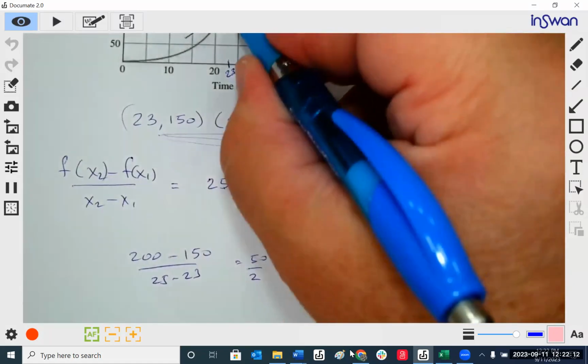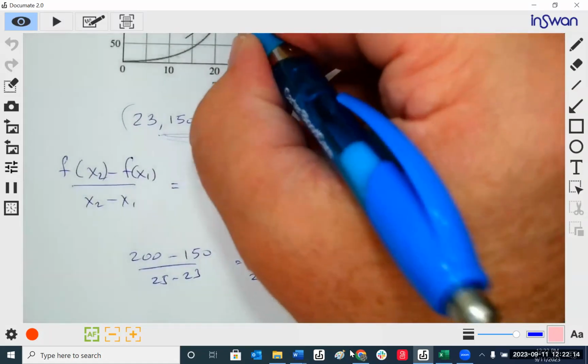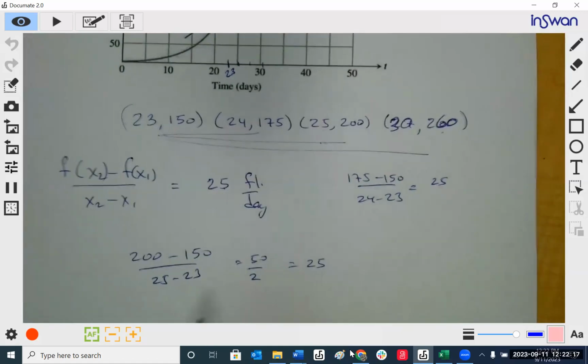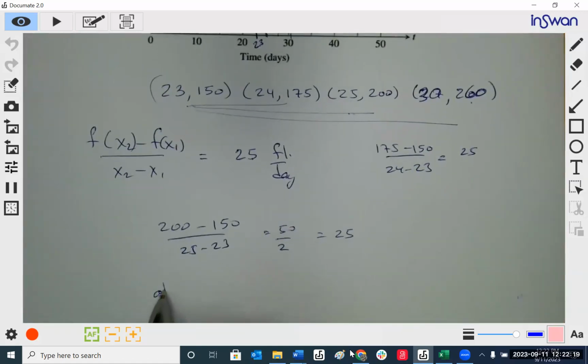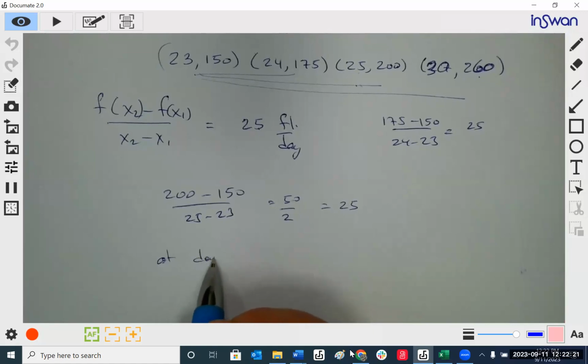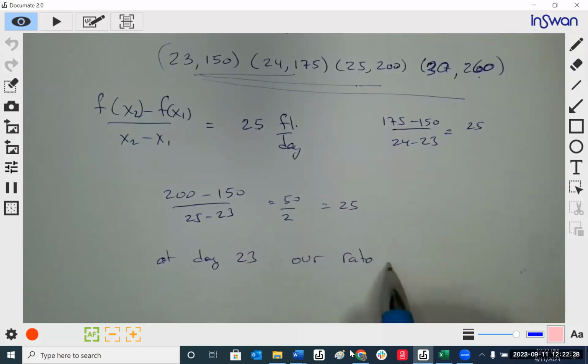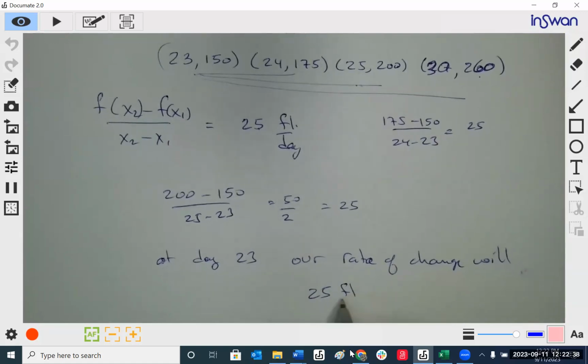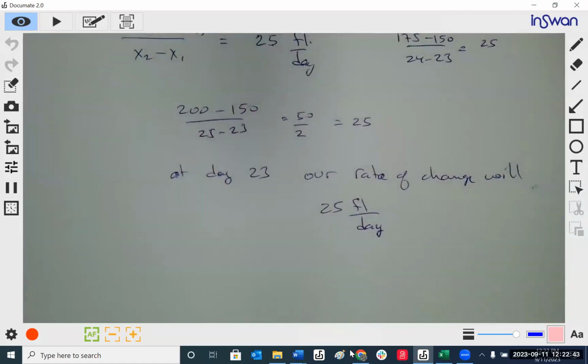So the rate of change is the same. With that, we can say that at day 23, our rate of change will be 25 flies per day, because we're approximating it, or instantaneous.